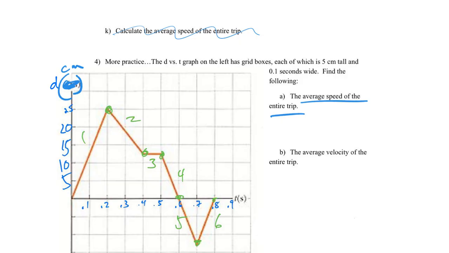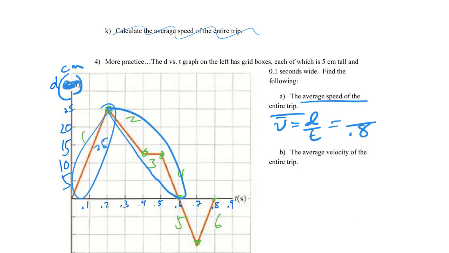Average speed is distance over time. The total time looks like it's 0.8 seconds. The distance you traveled is 25 here, section 1. Then all the way down to here is another 25, right?